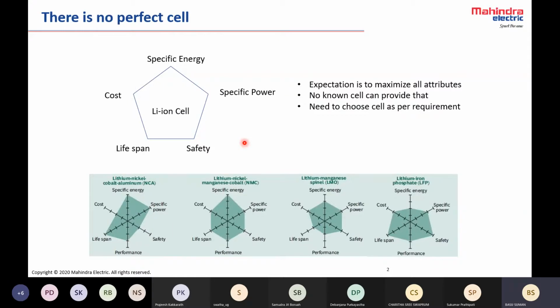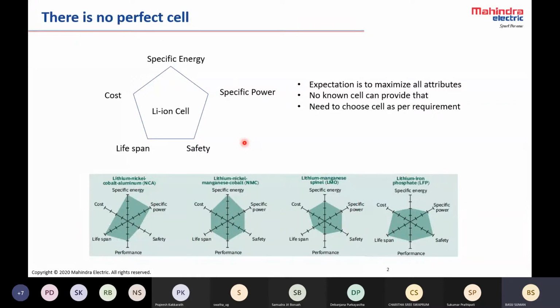So you will see lot of buzz in media about some new cell. Something has come up, something is so great. For example, you would probably see about Toyota's solid state cells. So solid state cells are of course very good.